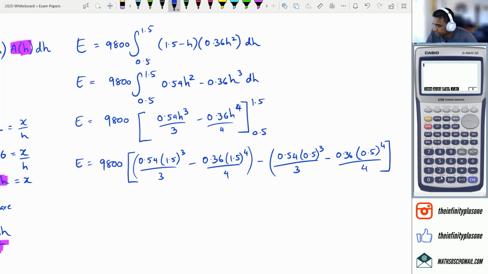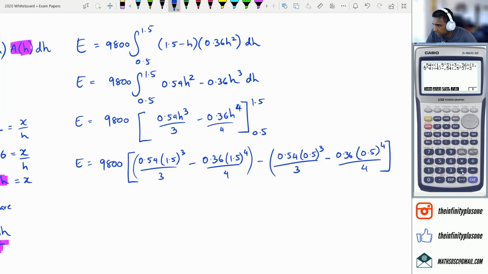So we've got 0.54 multiplied by 1.5 to the power of 3, all divided by 3, minus 0.36 multiplied by 1.5 to the power of 4 divided by 4, minus, make sure you put that bracket around there, 0.54 multiplied by 0.5 to the power of 3 divided by 3.